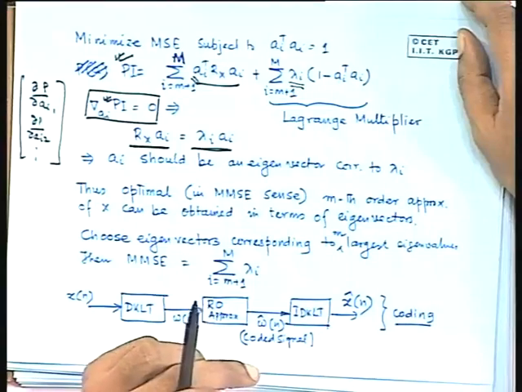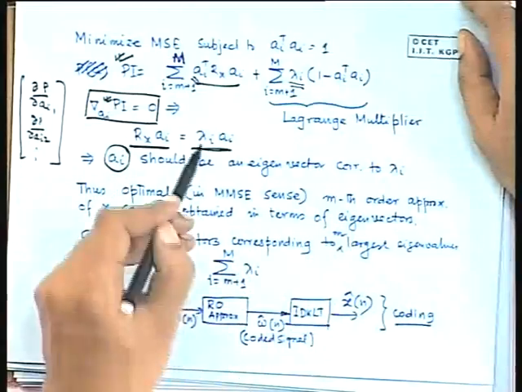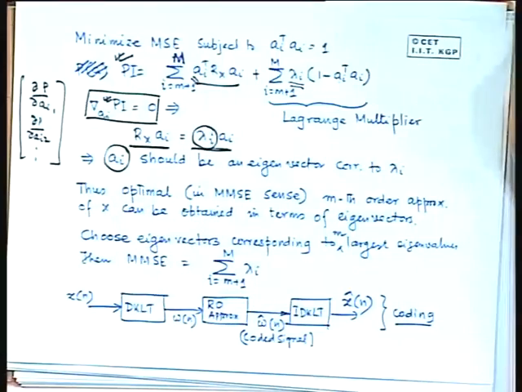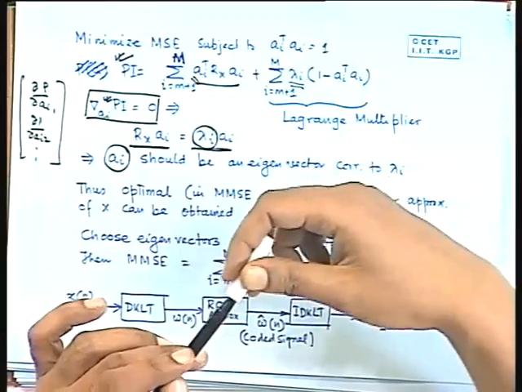So which means that for minimum mean square error, these should be eigenvectors and these should be eigenvalues, right? So now see the importance: if you want to send a less number of components and still commit the least amount of error, then when you are sending those Wi's, you should do it on the basis of eigenvectors.